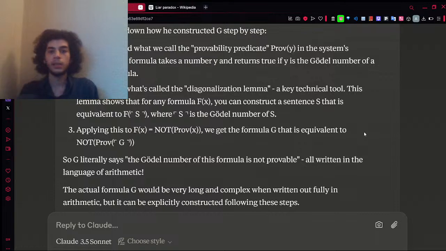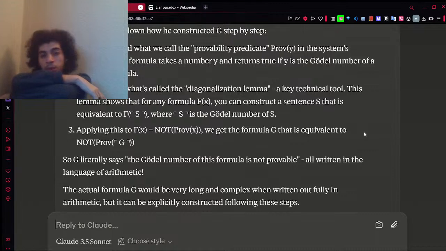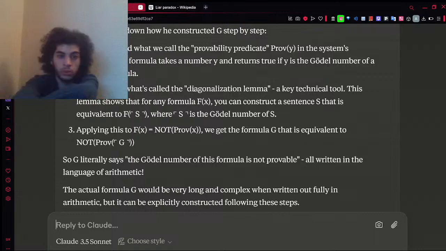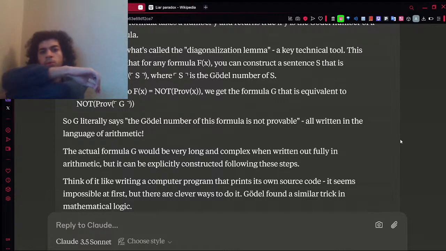There's a sentence S, let's say F(1), that will give you the Gödel number of S. I guess you also have to think about how you define the Gödel numbers, but interesting. I have to look into it.